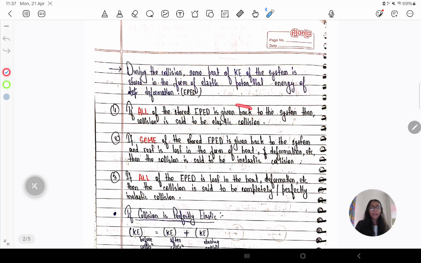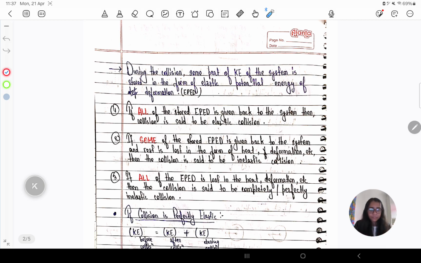Before collision the body was moving with some initial velocity, so it had some kinetic energy, right? And during collision some of that kinetic energy is stored in the form of elastic potential energy for deformation. But after collision the bodies get separated and regain their shape, so there's no need for that energy of deformation to be stored, right?